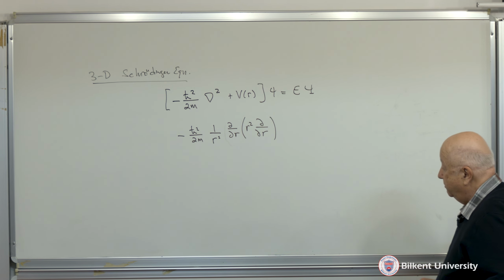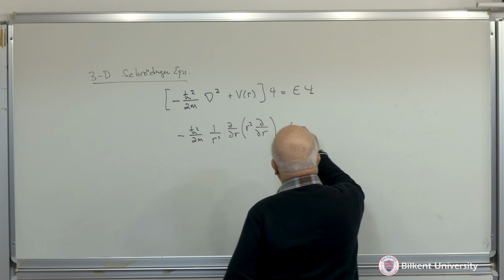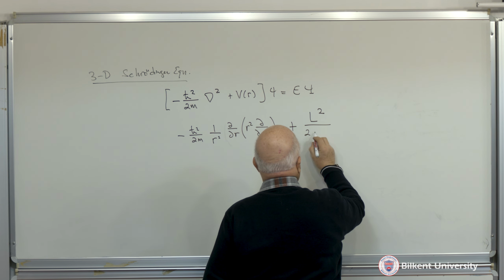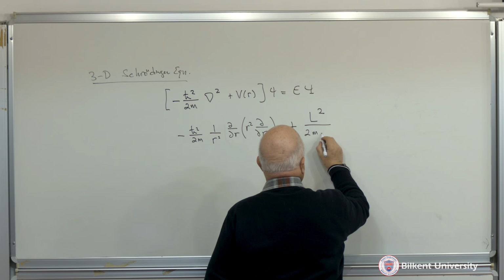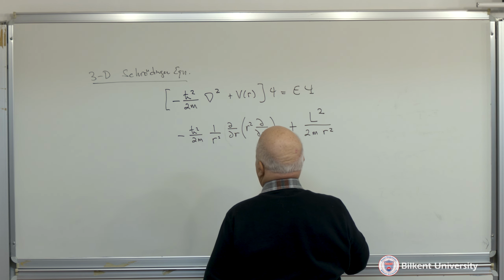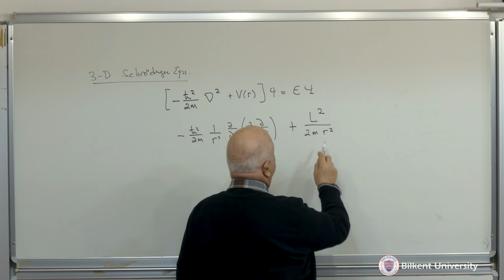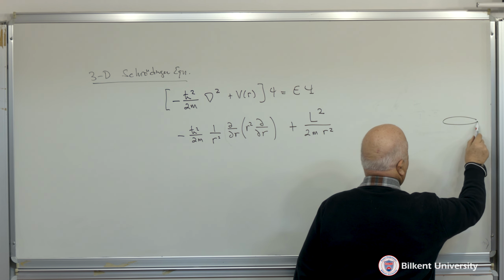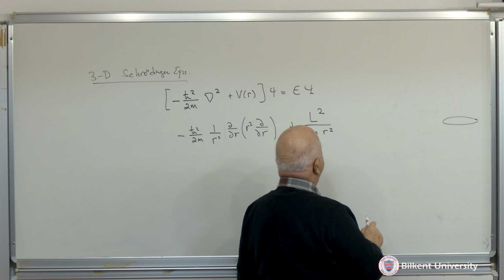So plus, we had the angular part, which we could write as L squared over 2mr squared, right? An easy way to remember that term is to look at the classical term, and it's actually the same thing.